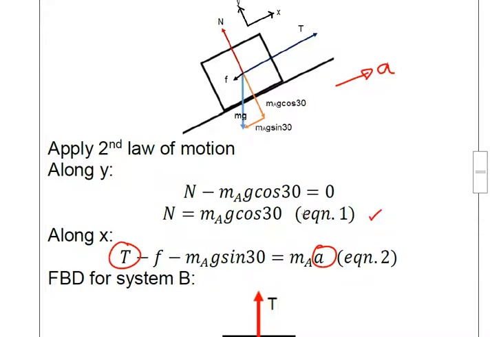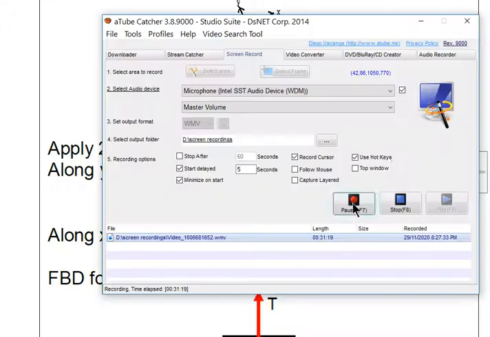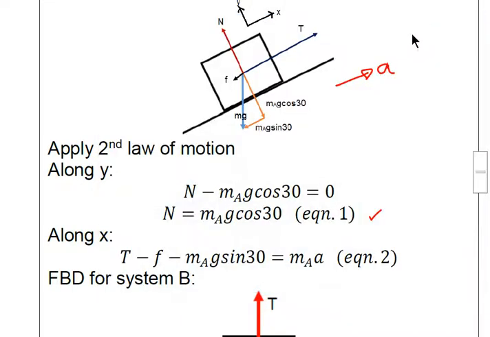So we are going to create another equation. In this case, we should find an equation such that this one will be eliminated, because that is common for two systems.